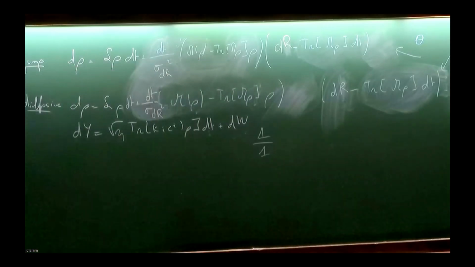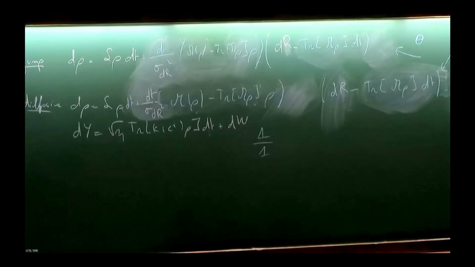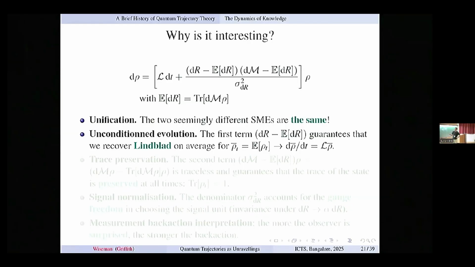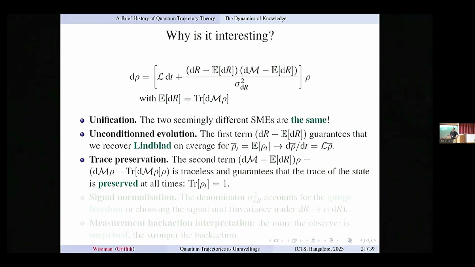So why is it interesting? First, the two seemingly different SMEs have the exact same structure mathematically. Then this first term here guarantees that the evolution when you average is going to be the Lindblad evolution, because the mean is going to cancel with the other mean. The second term here, when you apply it to rho and use the formula for the expectation of dr, is a traceless update, and this guarantees that the state rho remains trace 1.